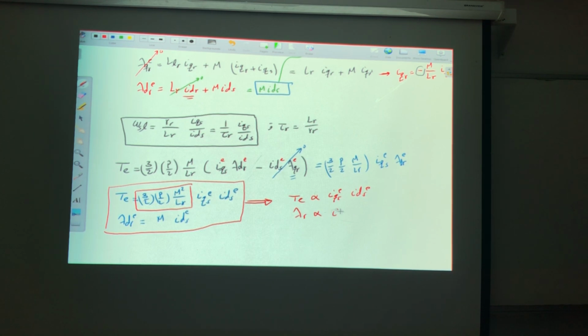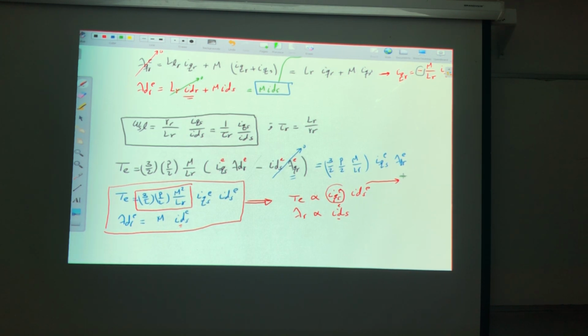IDS. So this will be the flux component of the current. Why? Because if I control IDS, I will control the flux. Similarly, this will be what? The torque component of the current.